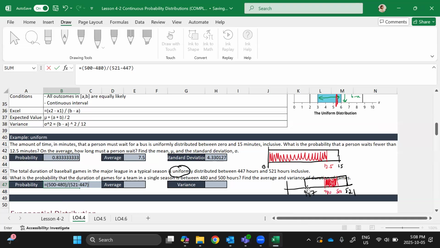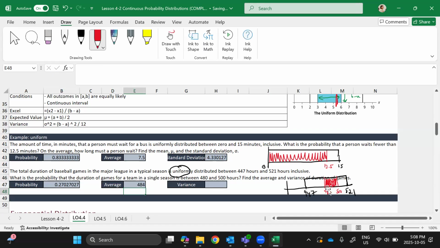That's why we divide 1 over that difference from the max to the min, and it gives us about a 27% chance. For the average, again, you just follow the expected value formula where you look at max plus min divided by 2.